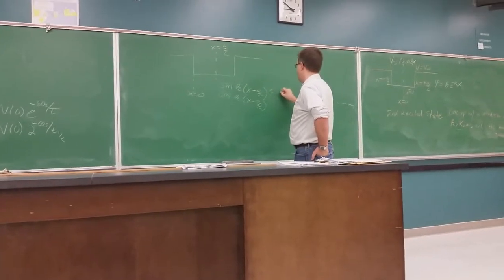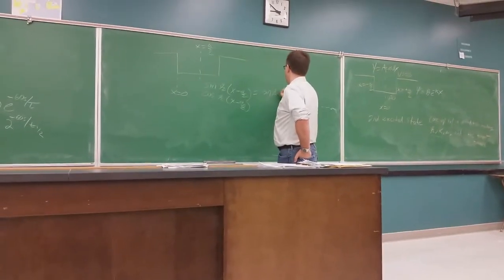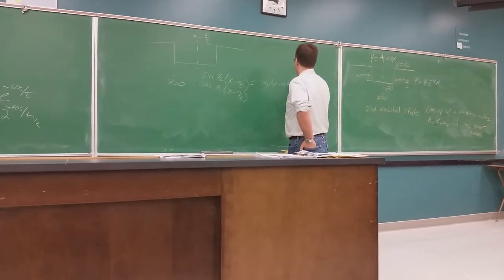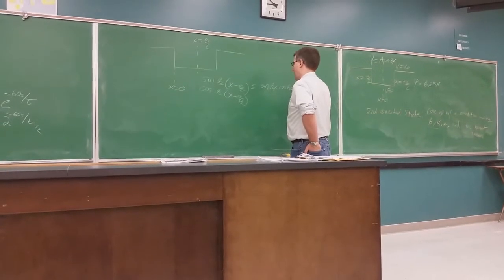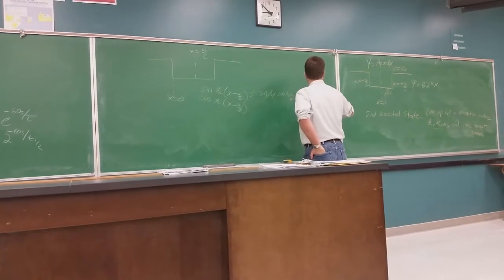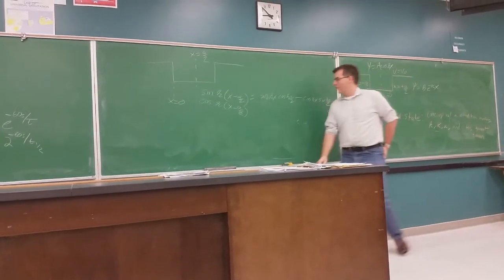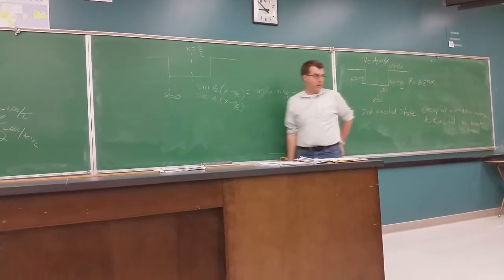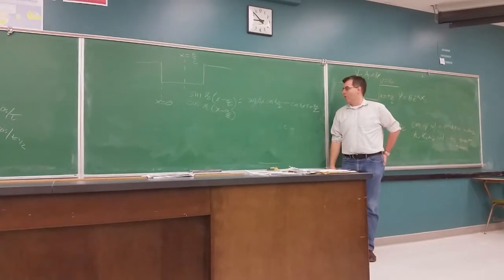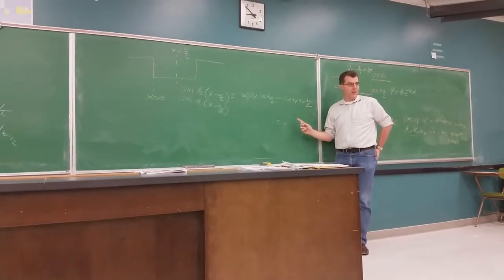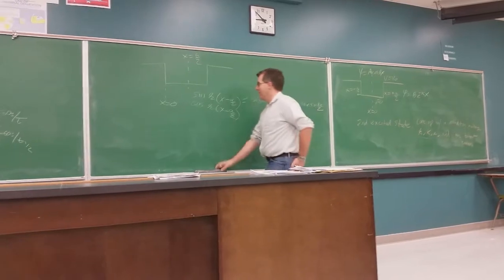This is going to be sine of kx cosine of ka over 2 minus cosine of kx sine of ka over 2. Right? It's still an odd function of the distance from the center. That's all that the laws of physics care about. But you put your origin somewhere else, so the symbols that you write them in have just become a lot more complicated. But that's not going to help us solve this.